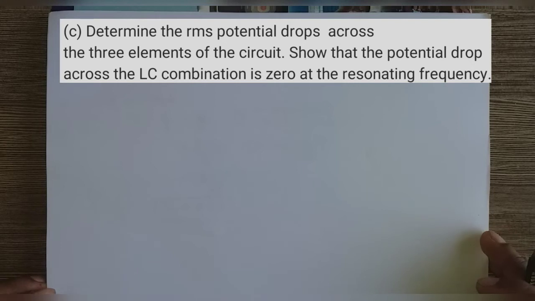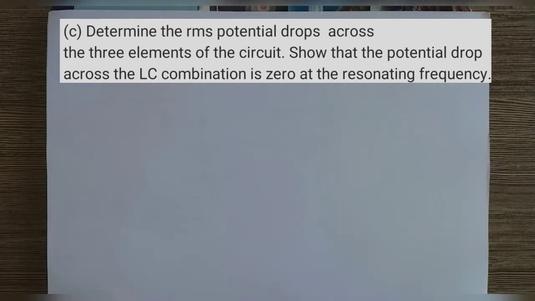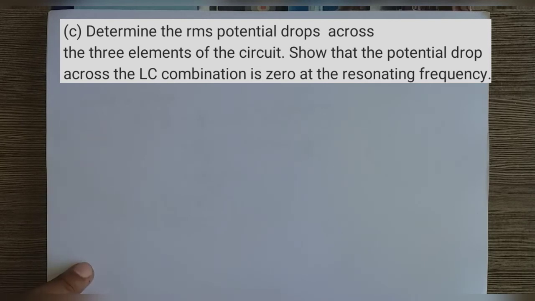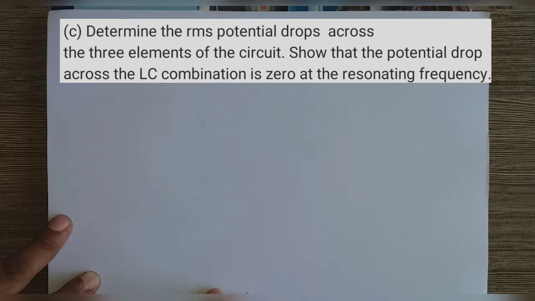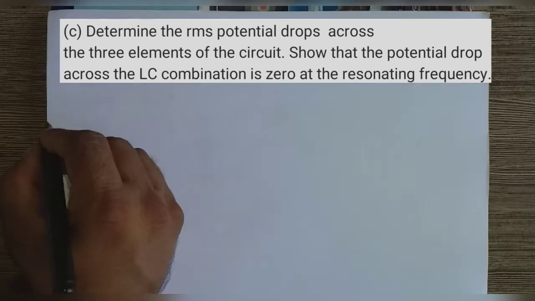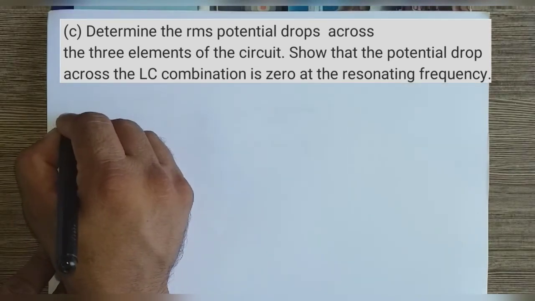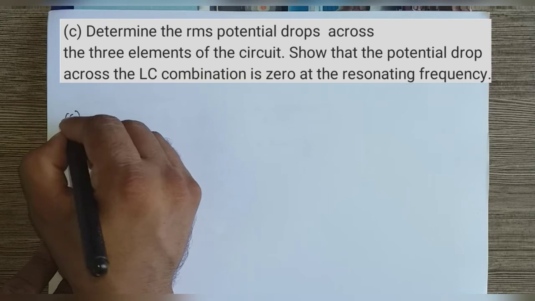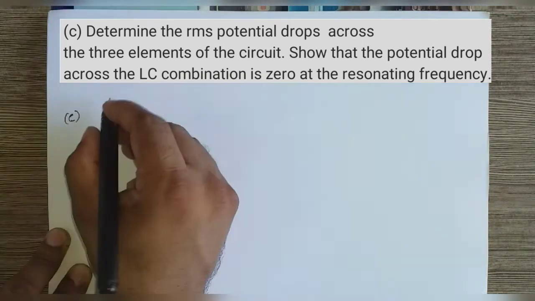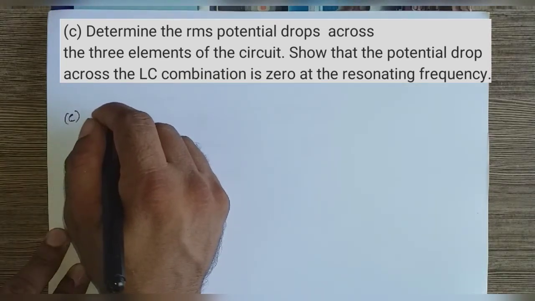So we have to find the potential drop or voltage across each element, that is L, C and R, and also show that the potential drop across the LC combination is 0 at the resonant frequency. So let me start. This is our C.